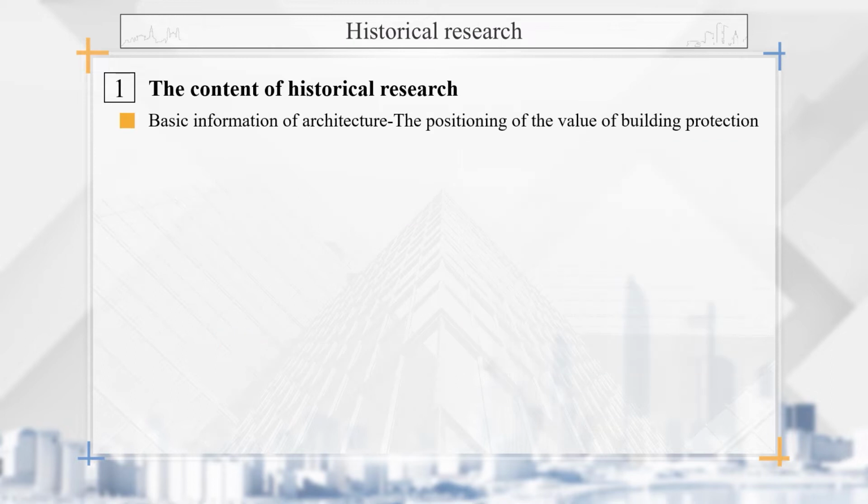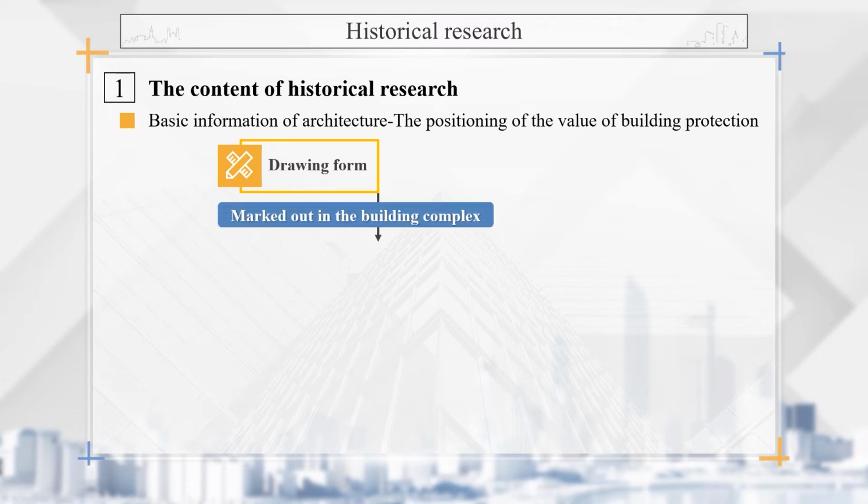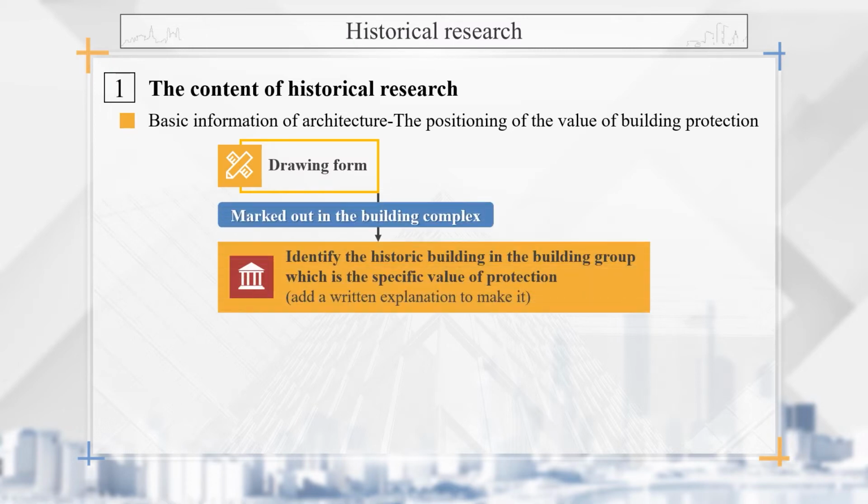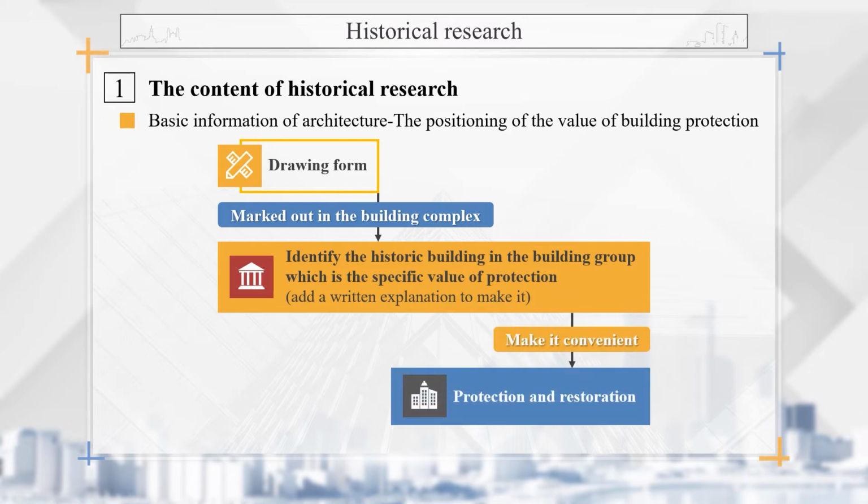The fourth basic information is the positioning of the value of building protection. When we are positioning the value of historic building protection, we should use drawing to identify the historic building in the building group, which is the specific value of protection, and add a written explanation to make it convenient for us to reflect the different historical heritage and function in the future protection and restoration work.